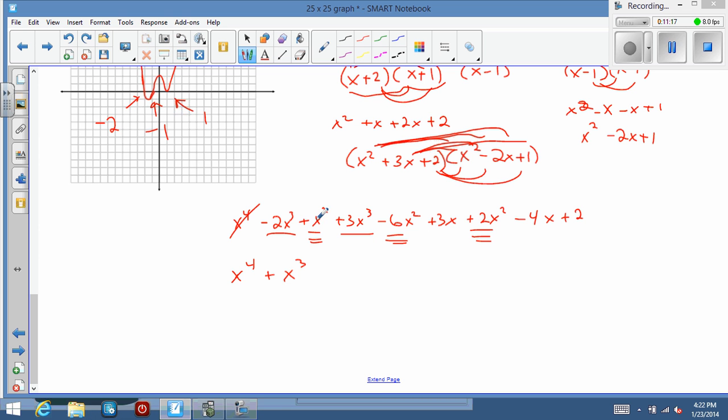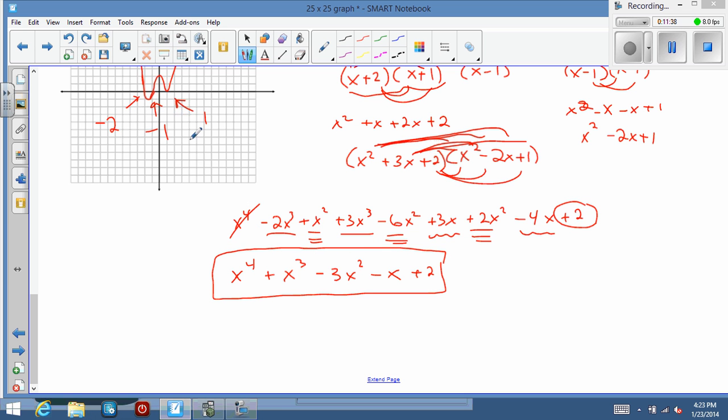So x squared plus 2x squared is 3x squared, plus a negative 6x squared, that's negative 3x squared. And then finally I have a 3x minus 4x, which would be minus x, and then the plus 2 at the end. And there is my polynomial with the three zeros with a degree of 4.